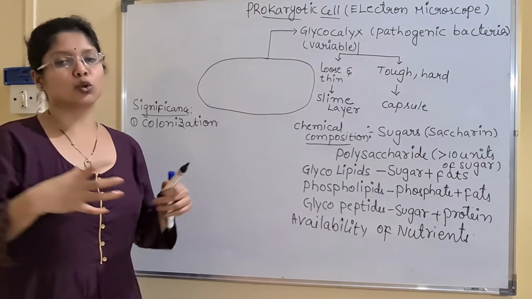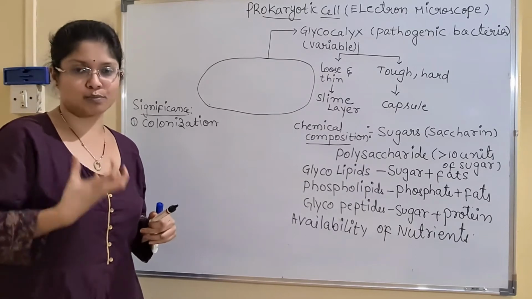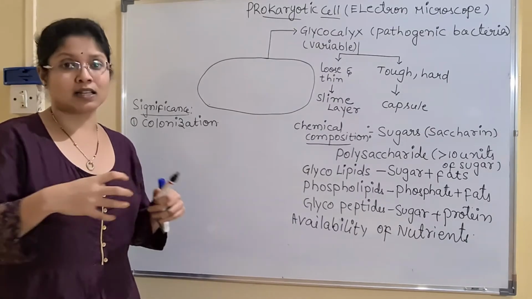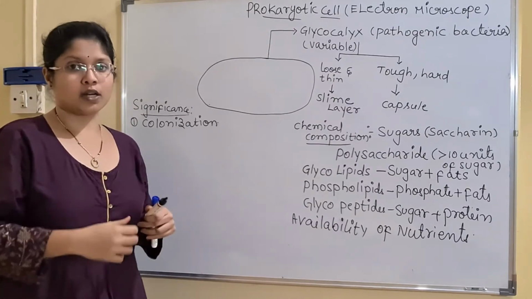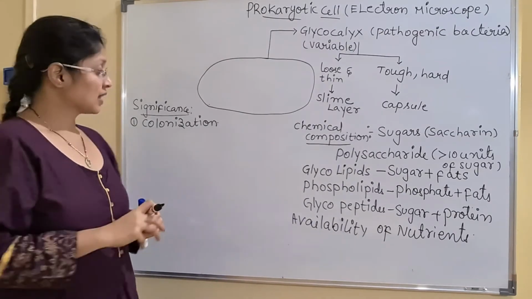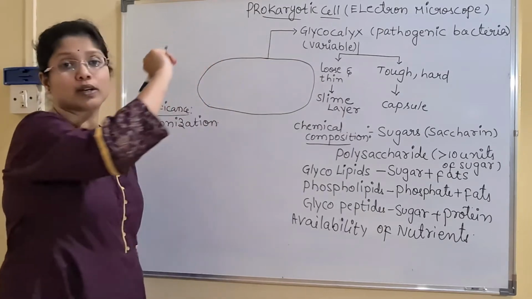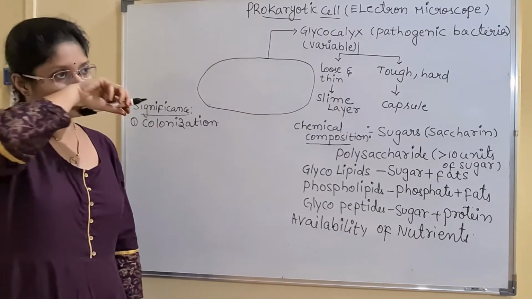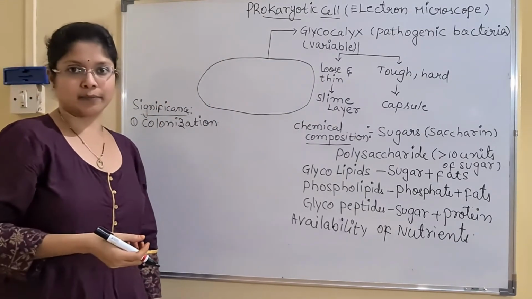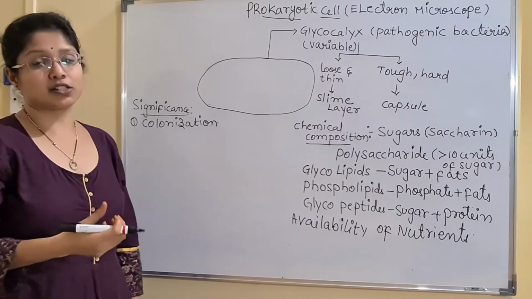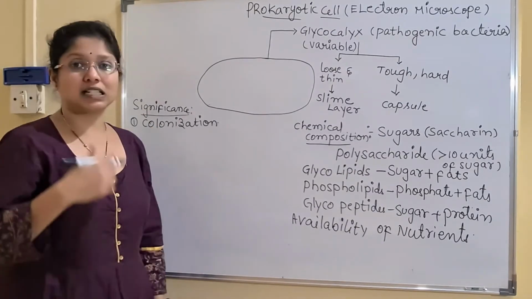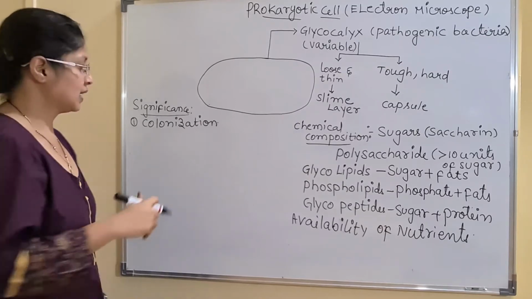They will come together. They will form an enclosed population. They form a mass or a group to be stronger, and for this colonization they will use the glycocalyx. In order to invade the host body, in order to create an infection, this is one of the methods that the bacteria use.